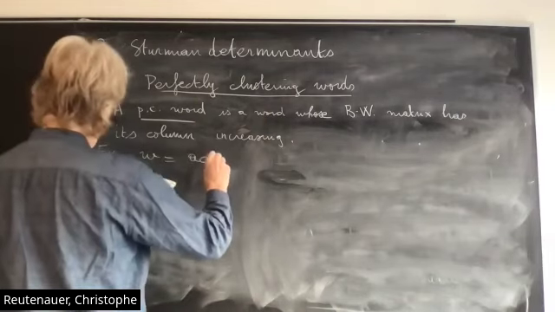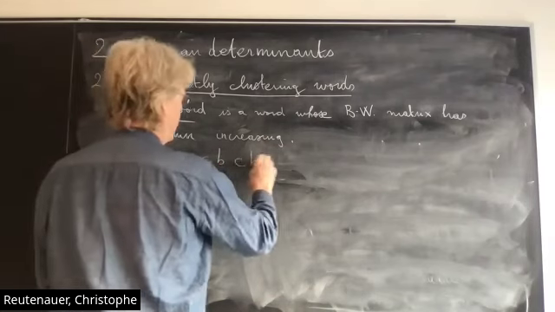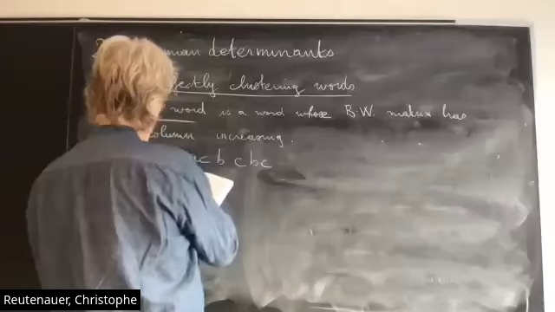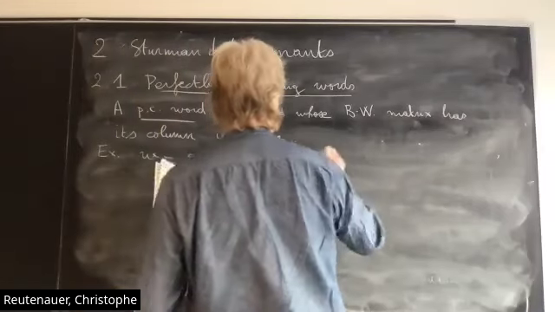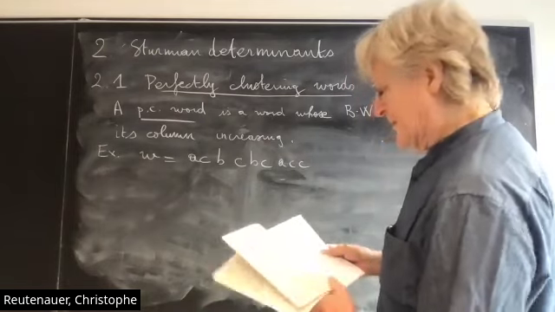A C B, A C B, C B C, A C B, C B C, A C C. It's on the three-letter alphabet, and its matrix is very big.